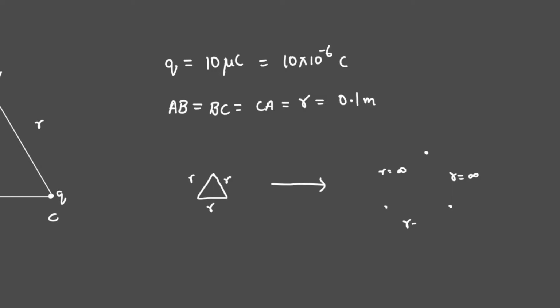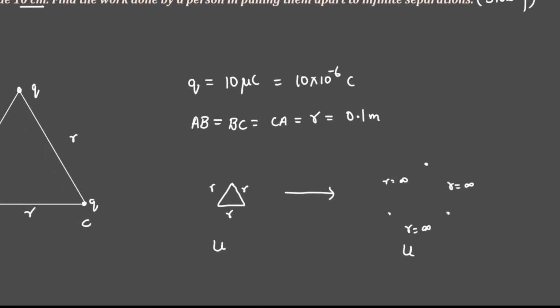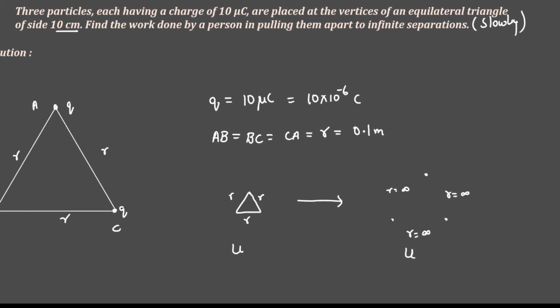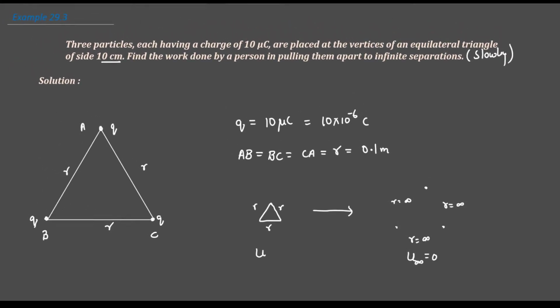Now understand one thing, that energy of the system is, let's suppose, U. Some potential energy will be there with the system, and here the potential energy of the system will become zero. We assume the potential energy at infinity to be zero because there is no force between the charges. So we take potential energy at infinity to be zero as our reference.